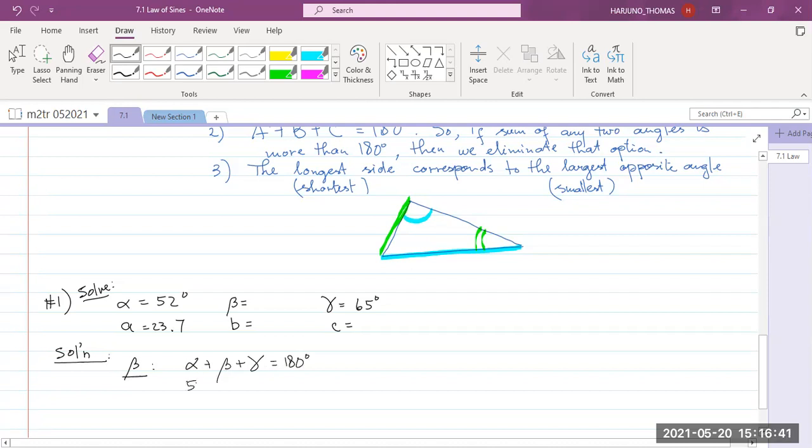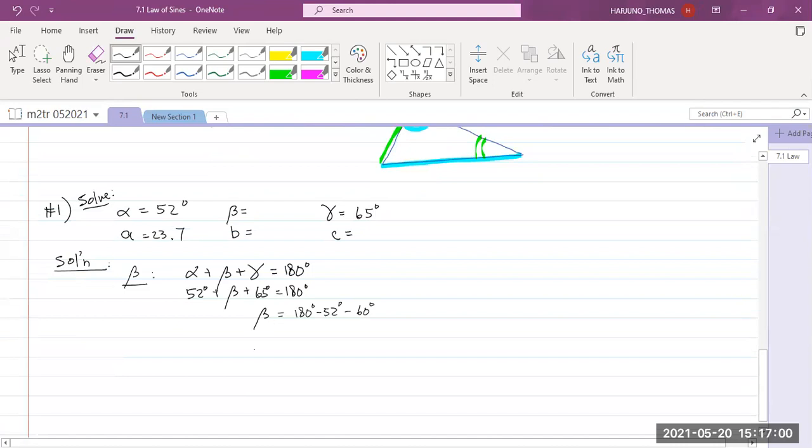So 52 degrees plus beta plus gamma, 65 degrees, equals 180 degrees. So beta is 180 minus 52 minus 65 degrees. What's that?